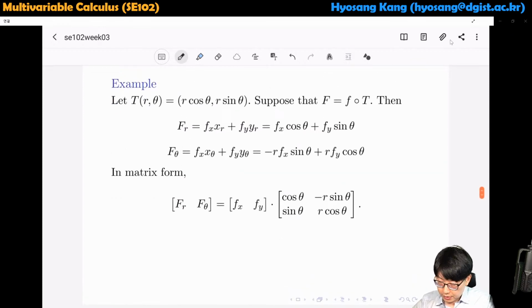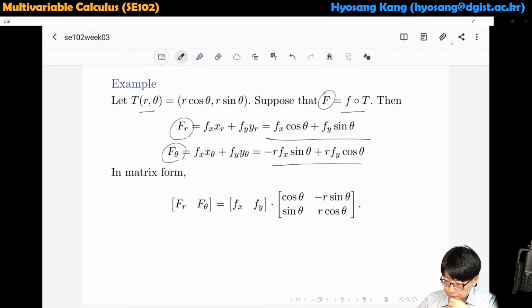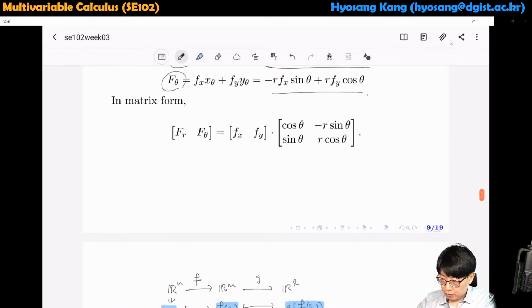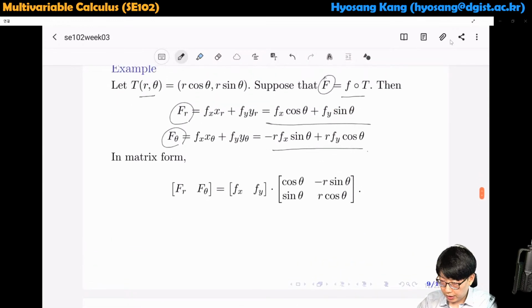So this T sends polar coordinates to the Cartesian coordinates of the two-dimensional plane. Let's suppose that I choose my large F to be the composite of function f and this transformation. Then this F_r, F_theta looks this way. So in the matrix form, we can rewrite this one.